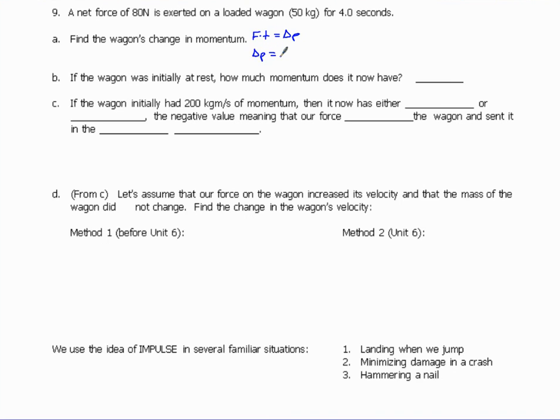The change in momentum equals the net force of 80 newtons times the time, 4 seconds. And this is 320 newton seconds. Or in momentum terms, kilograms times meters per second.